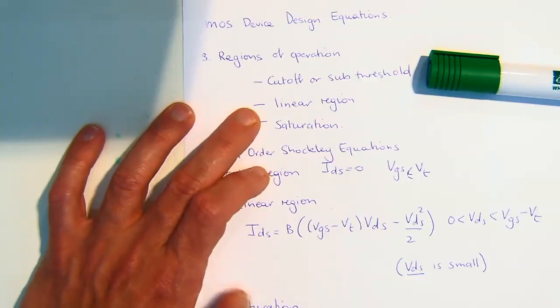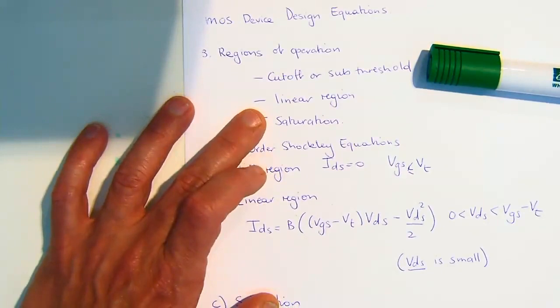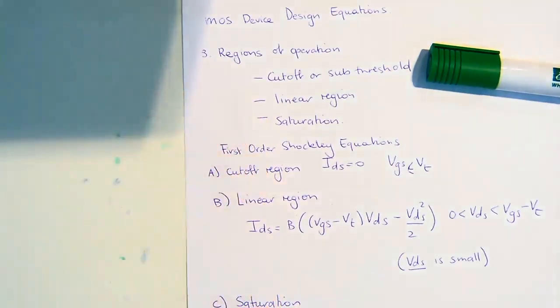Okay. Current will change linearly with the input voltage. So essentially, what we're saying is that the drain current depends on VDS, the drain to source voltage.